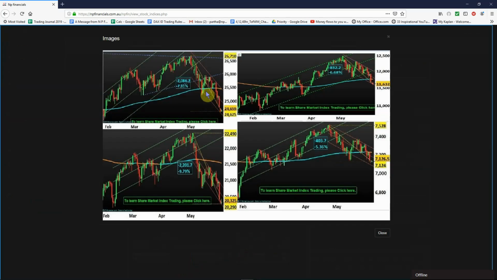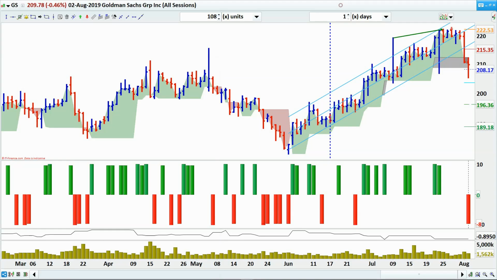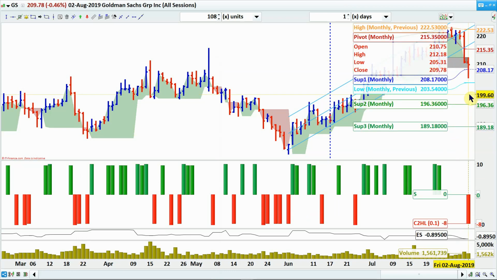So we discussed here Dow Jones coming down, and then DAX coming down, and then Nikkei coming down, and FTSE coming down. So that was pointed out to you in the month of June, and now we are in the month of August, so probably things can start to take shape.